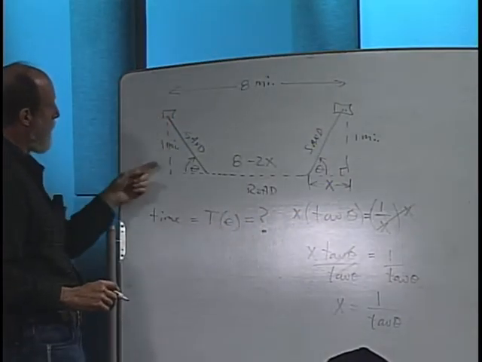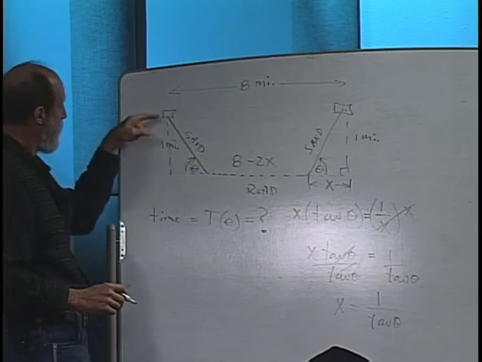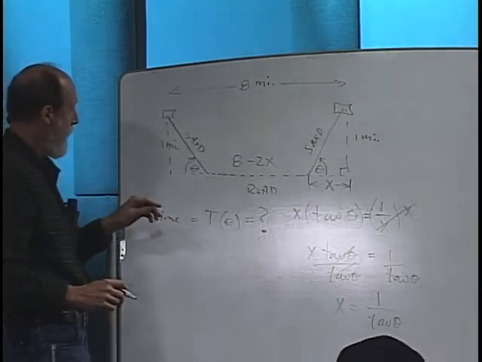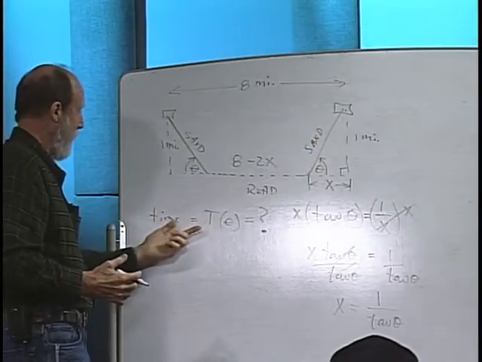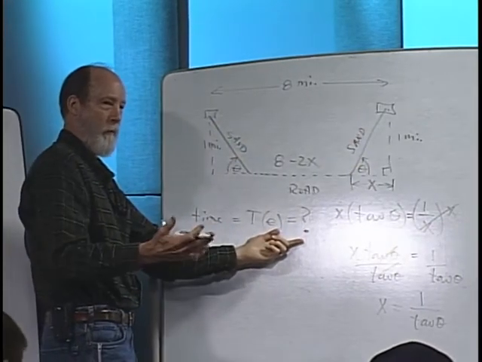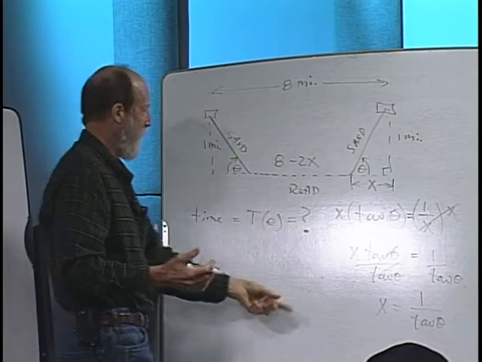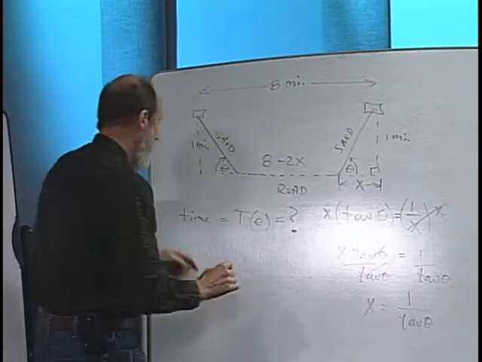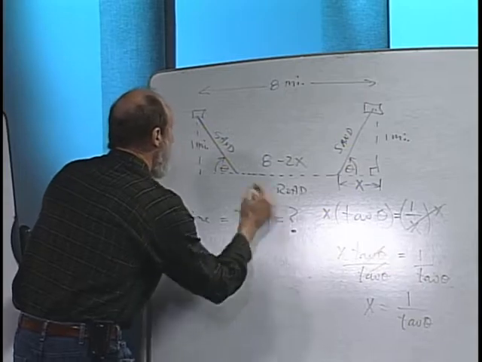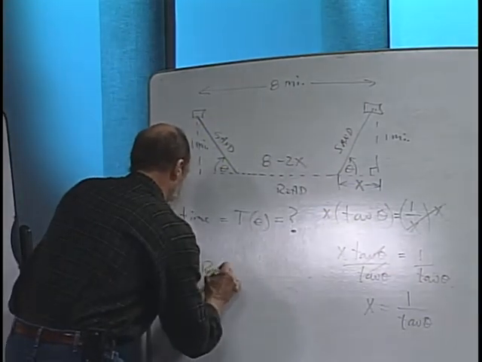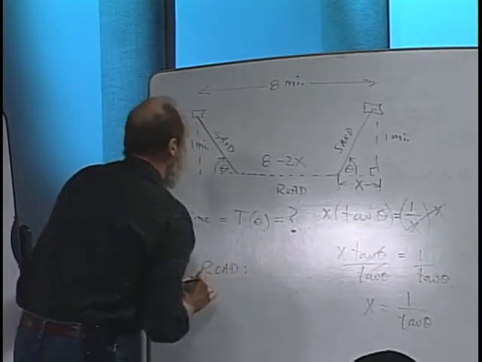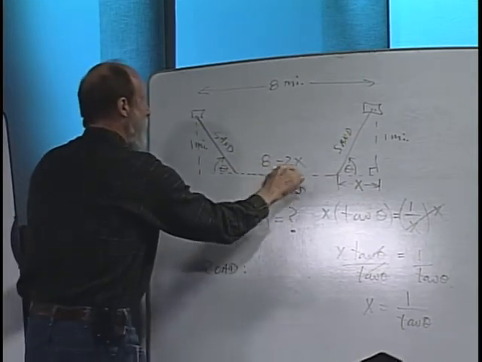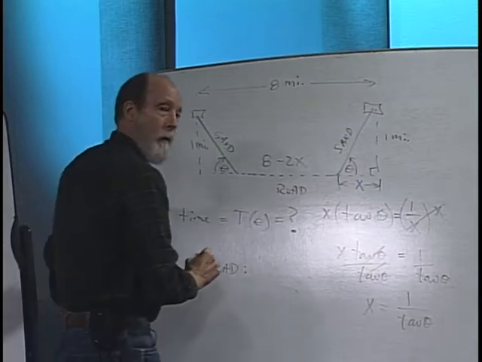So we have a description of the problem in a drawing showing the given information, and then we write down what we're looking for. So it's an abbreviation of the whole problem. Then we're starting with a little simple calculation here and get this piece. Then on the road, let's take a look at that. The distance is equal to 8 minus 2x, okay?